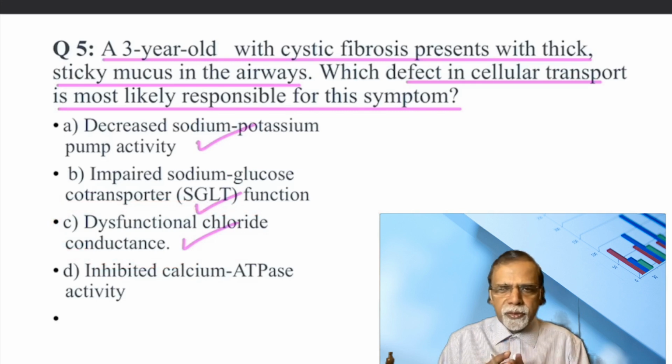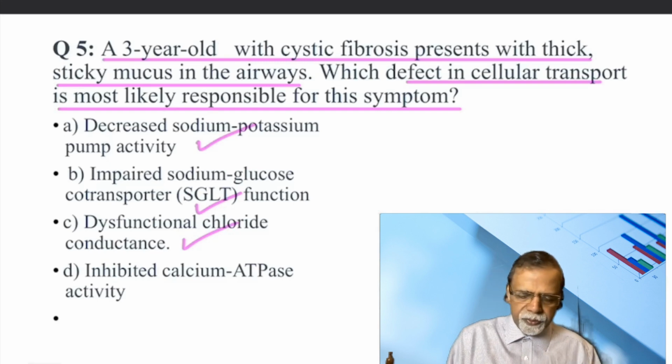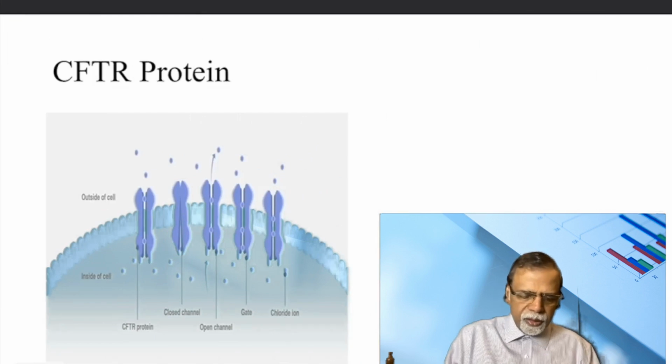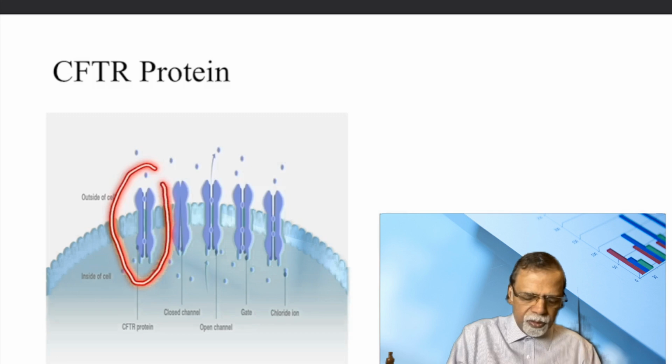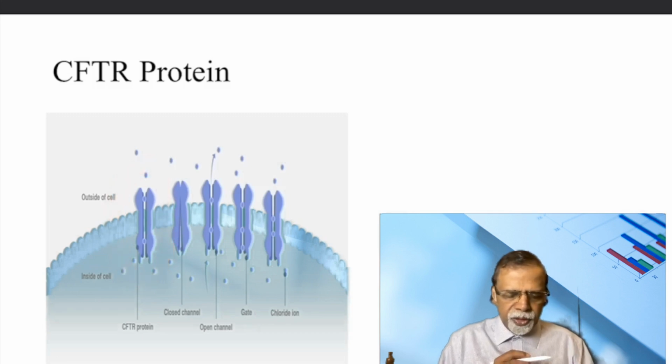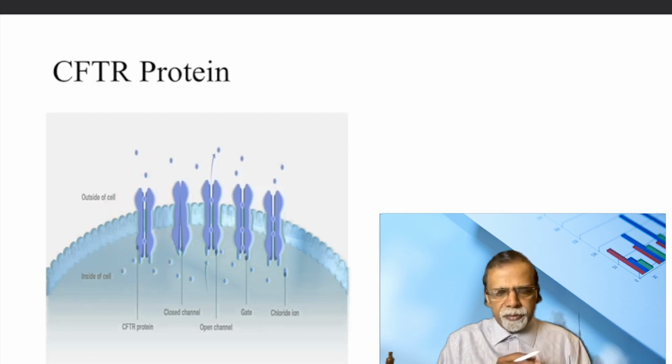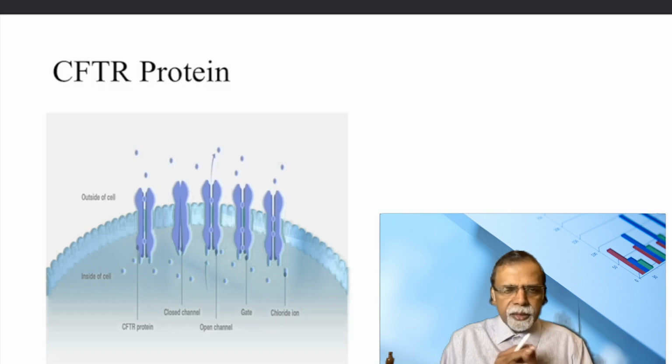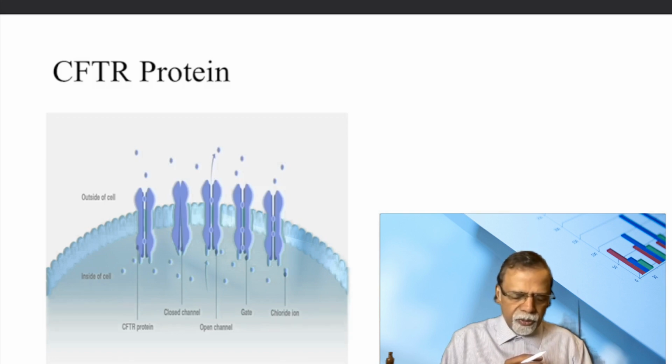We will study about cystic fibrosis. This is a disease of chloride transport along with water and some ions. This is the cystic fibrosis transmembrane conductance regulator, the CFTR protein. This acts as a channel for chloride ions.